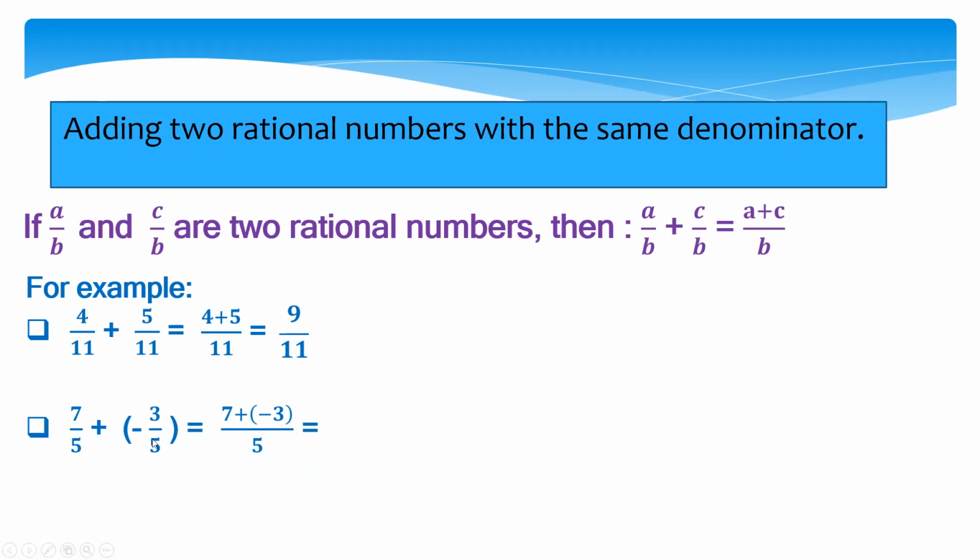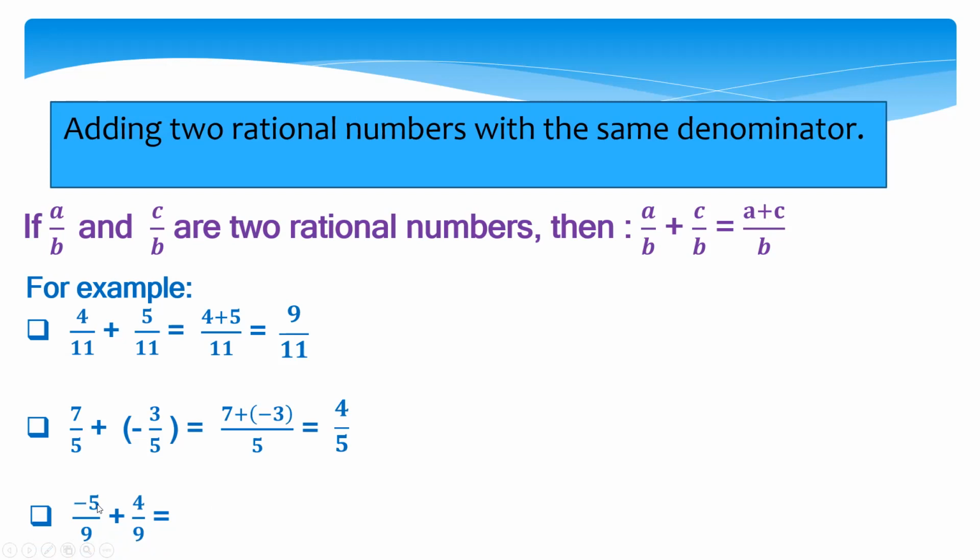But in the second example, 7 is positive and negative 3 is negative, so I will add 7 plus negative 3. Okay, here 7 plus negative 3 will be 4 over 5, and check if the rational number is in the simplest form or not. I took this before in the first lesson. Is 4 over 5 in the simplest form?